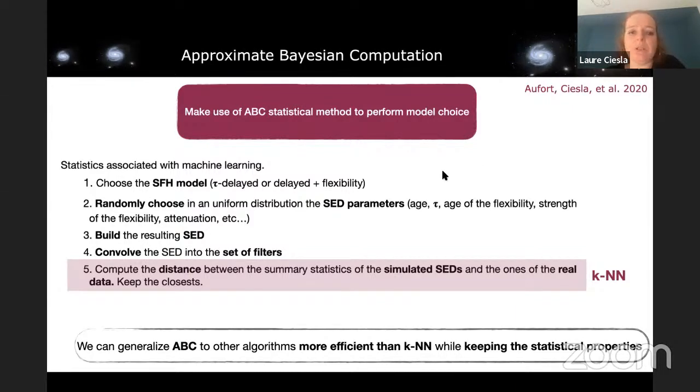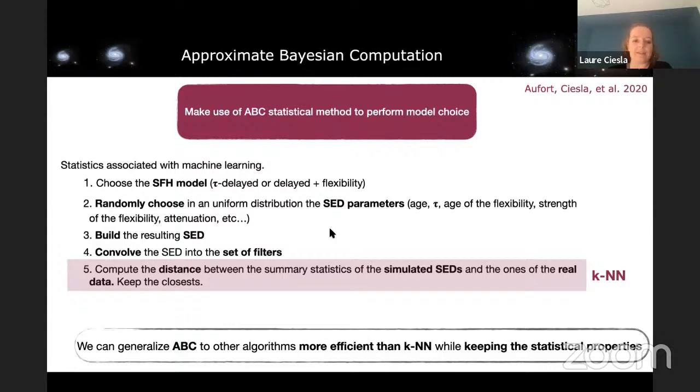So basically how it works: first you choose one of your SFH models, tau delayed or delayed plus flexibility, and you build a whole set of SEDs with a large range of parameters.